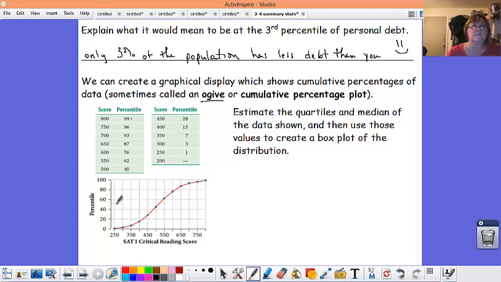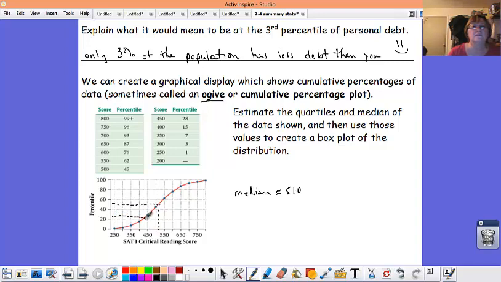Well, the median's at the 50% mark. 50% right there. It's got to be close to, and I'm going to just read down here, that'd be 500, like maybe 510. Just guesstimating.